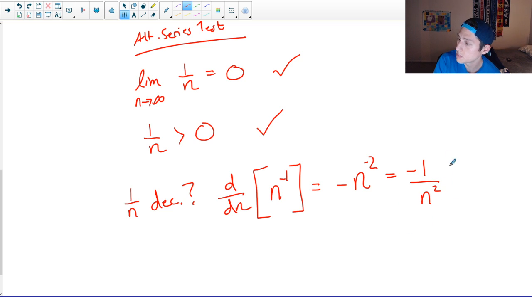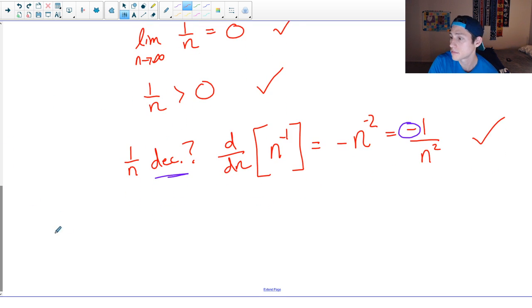N squared will always be positive, but that negative 1 will always be negative 1. So no matter what n I plug in, the derivative will always be negative. A negative derivative means that it's decreasing, which is what we wanted. So yes, decreasing. All three requirements for our test have been met.